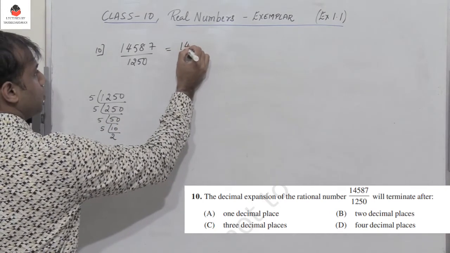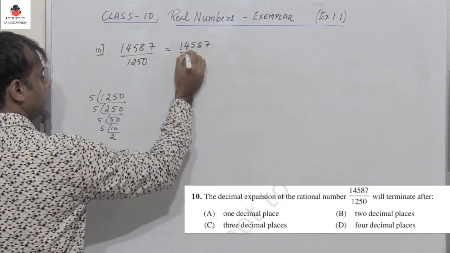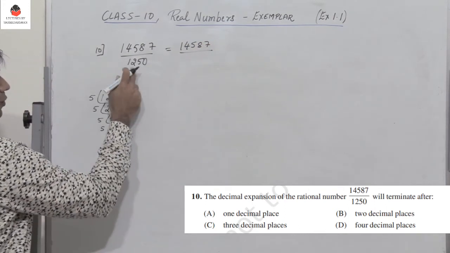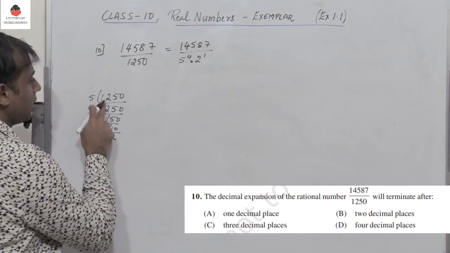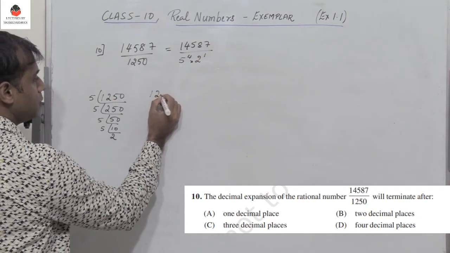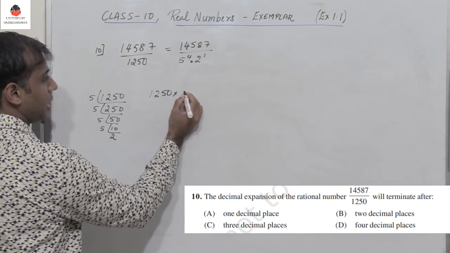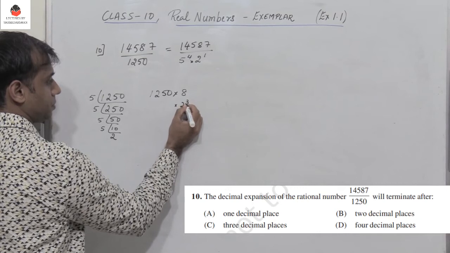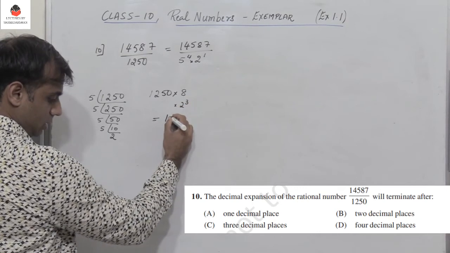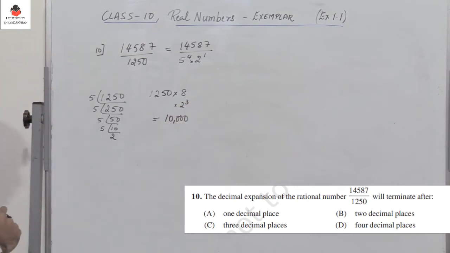So we have 14587 divided by 1250, which can be written as 5 power 4 into 2 power 1. I observe that if 1250 is multiplied by 8 or 2 cube, I end up getting 10,000 or 10 power 4.